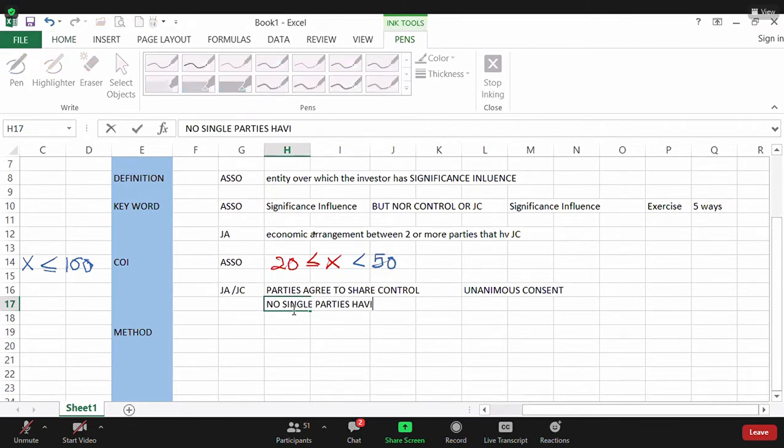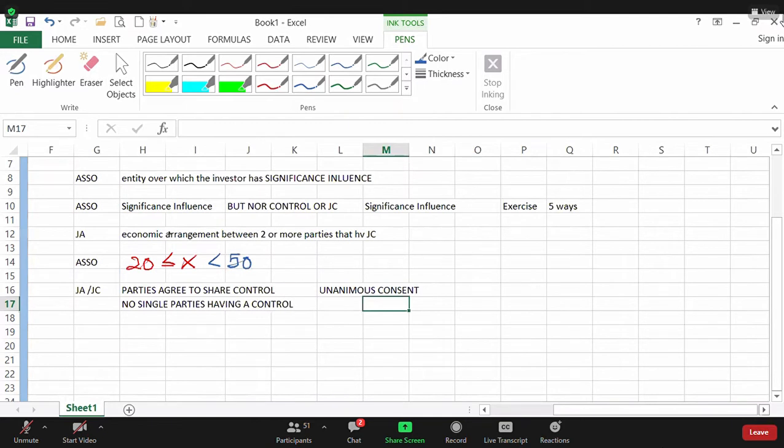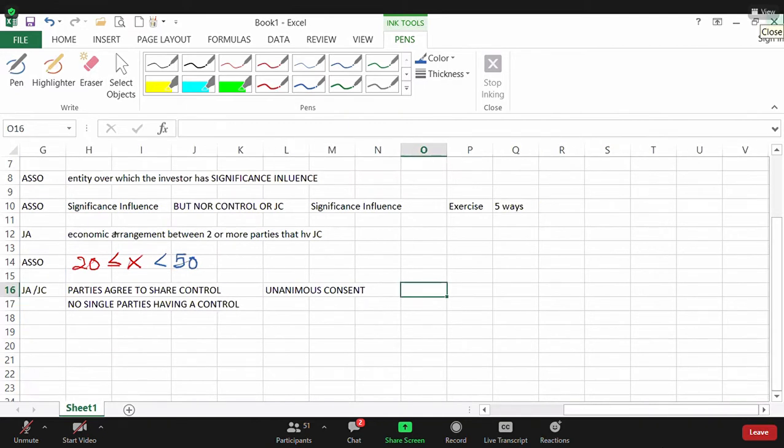It means that how many percent? We don't have percentage. You don't have any percentage. So please highlight in your notes, no specific percentage.